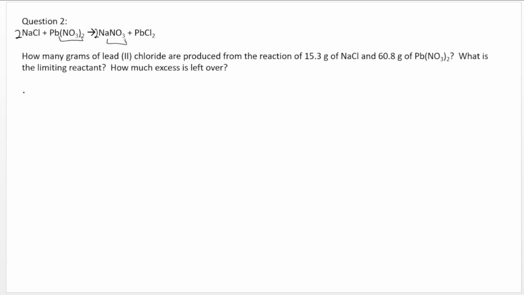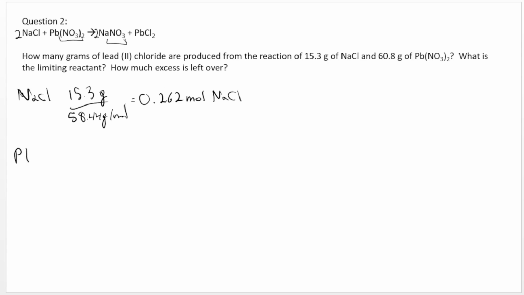So we're going to take our first reactant, which is the NaCl. We have 15.3 grams of it, dividing by the molar mass of NaCl, which is 58.44 grams per mole, which equals 0.262 moles of NaCl. We will do the same thing with the lead-2 nitrate.